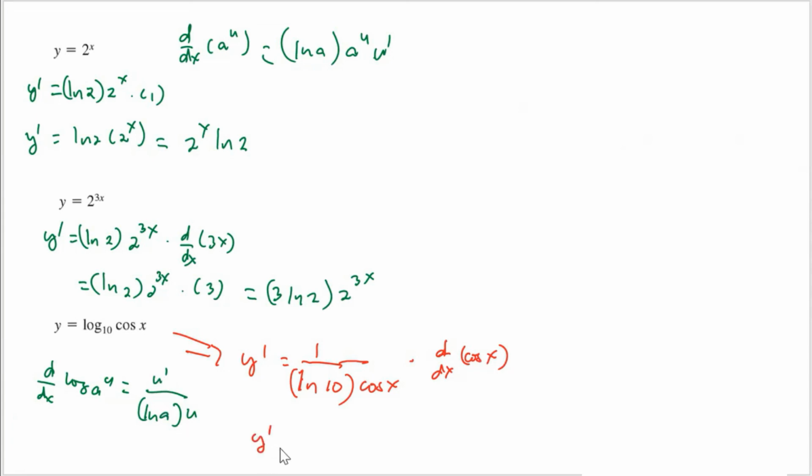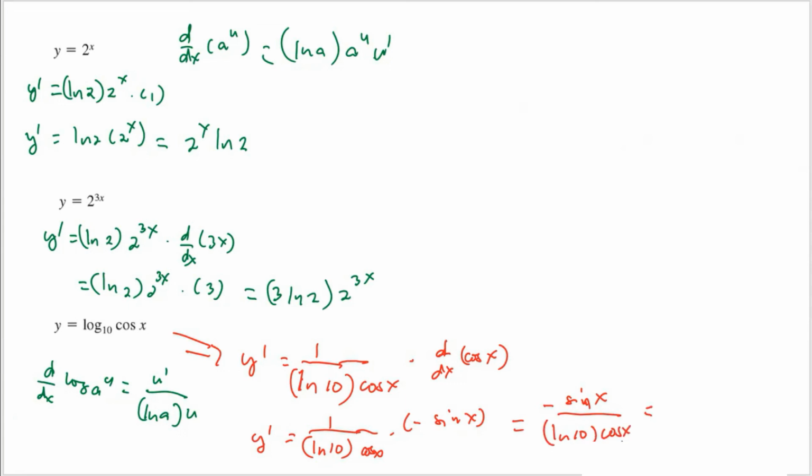Therefore, y prime is equal to 1 over ln of 10 times cosine of x times the derivative of cosine x, which is negative sine x. Okay, so simplify that: 1 over ln of 10 times cosine of x times the negative sine x in the numerator. Multiplying, it becomes negative sine x over ln of 10 times cosine of x.